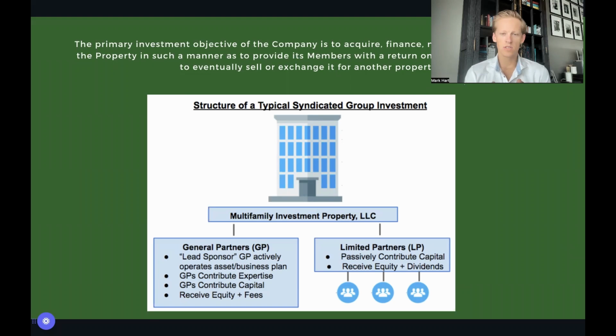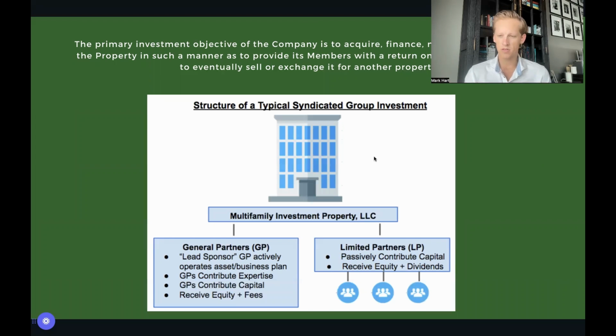Well, here's a really great little picture here. So this is the structure of a typical syndicated group investment. And at the top, we have this nice little building, right? We focus on apartment buildings, but you can buy all different types of buildings. And so let's say we have a building here in Memphis, Tennessee, as an example, right? Well, what we're going to do is create a limited liability company.